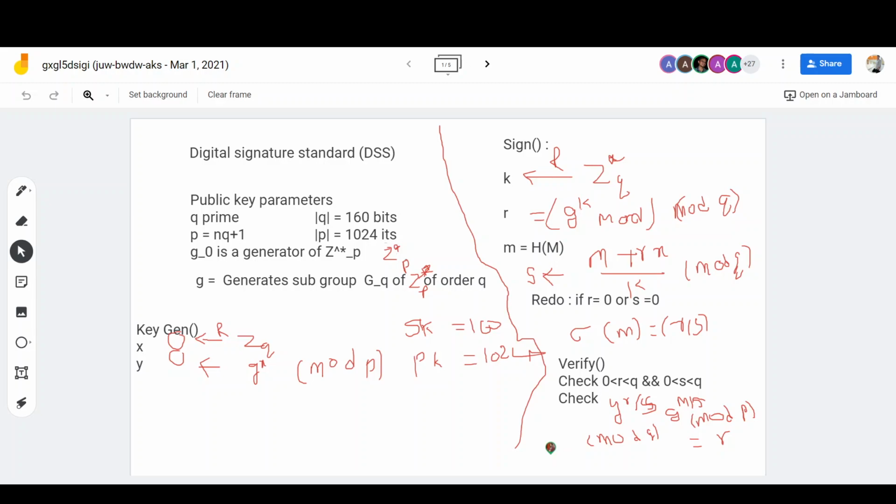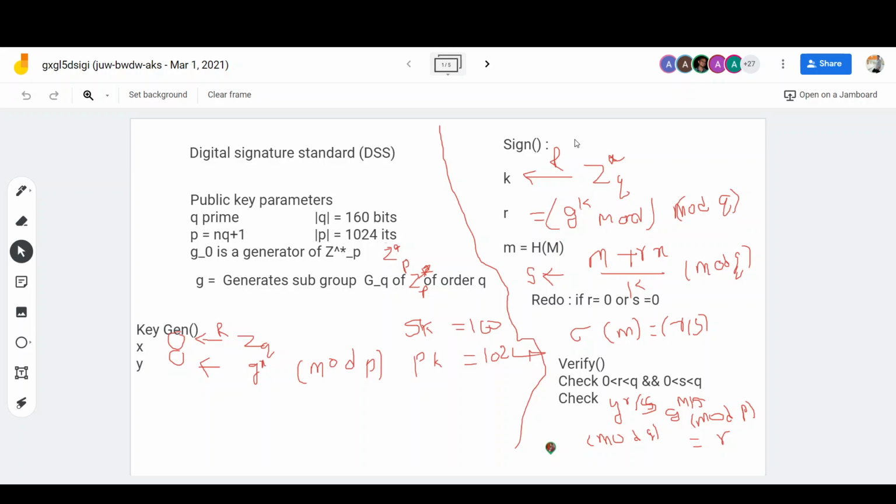So there is a relation between q and p that you need to maintain, and you choose a generator. After that you generate subgroups based on your generator, then declare your public key and private key parameters. Then you go for the signing algorithm. In the signing algorithm, same as the Elgamal digital signature, k is defined and r is defined, but they made slight changes and finally approved this as the digital signature standard.